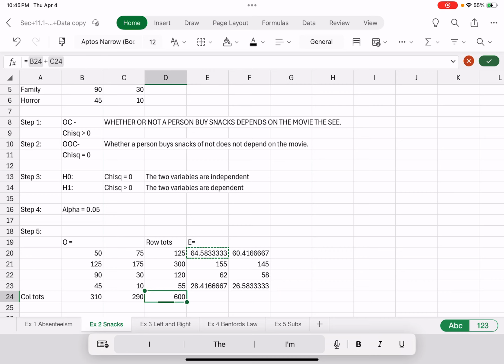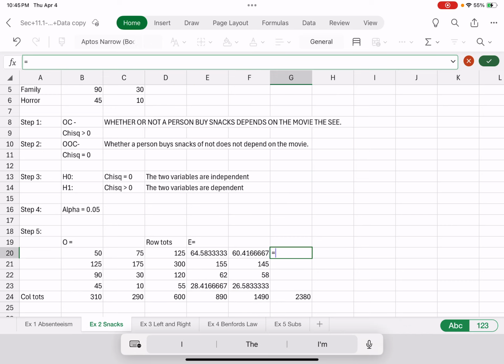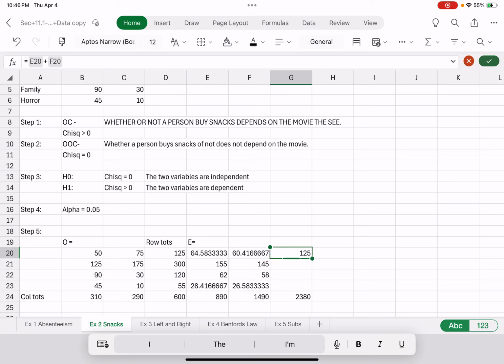Okay, now let me just Command C and bring this over. Command V. Okay, so there's my row and column sums. Okay, and now what about these here? Equals this plus this equals, okay, 125. Command C, paste, and V.